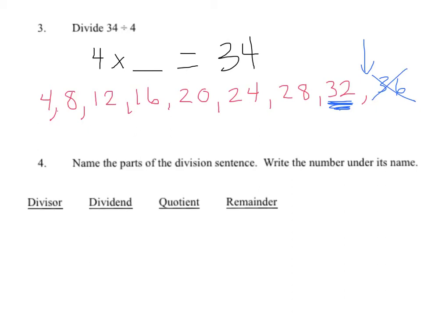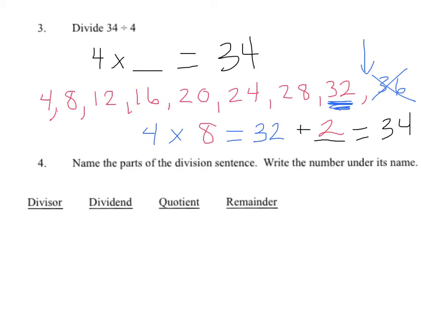So 4 times 8 equals 32, right? But we need to get to 34. So we have to add something to 32 to get to 34. So what do we have to add to 32 to get to 34? We would have to add 2.